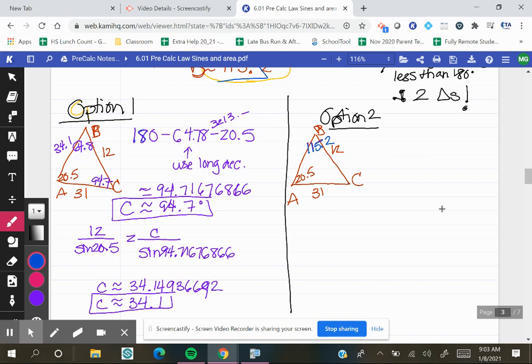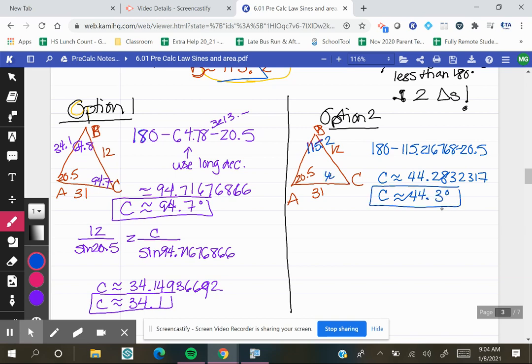All right, so you should have taken 180 minus your full decimal, 115.216768 minus 20.5, and that should have given you angle C at approximately 44.2832317. Round that to the nearest tenth would be 44.3 degrees. So now we have angle C is 44.3.